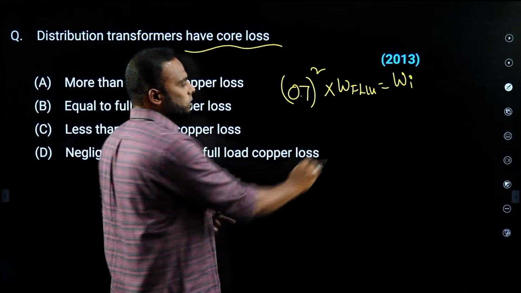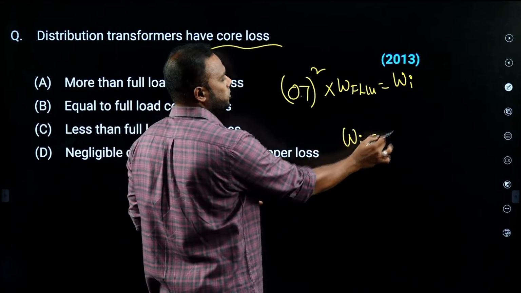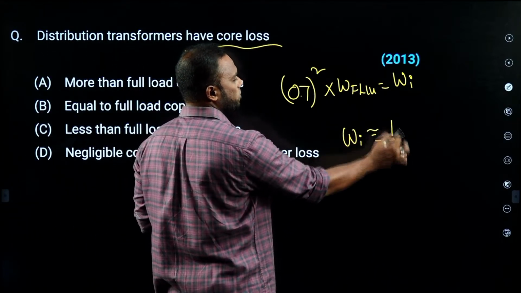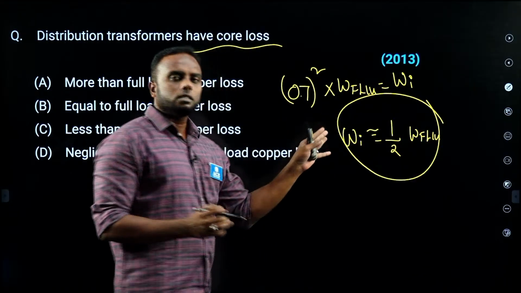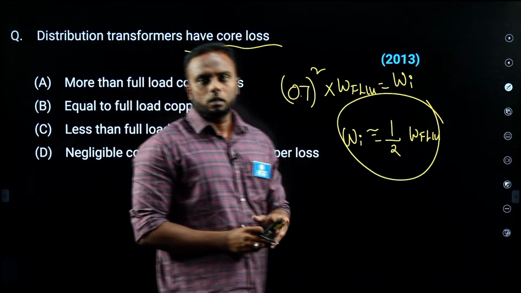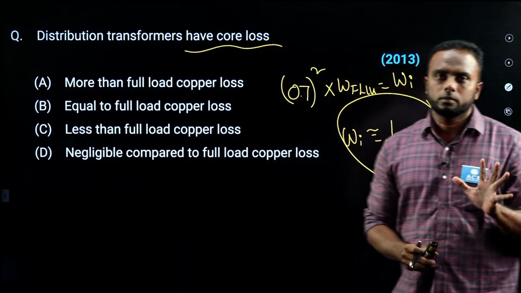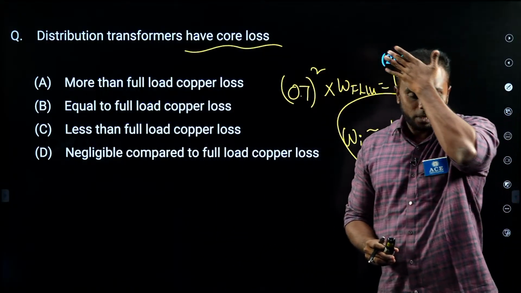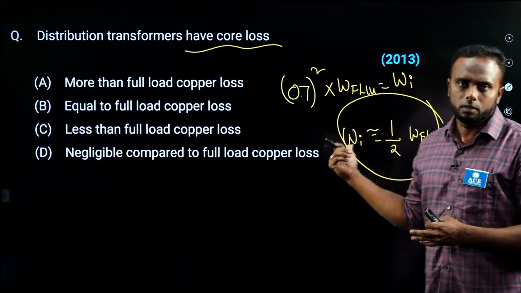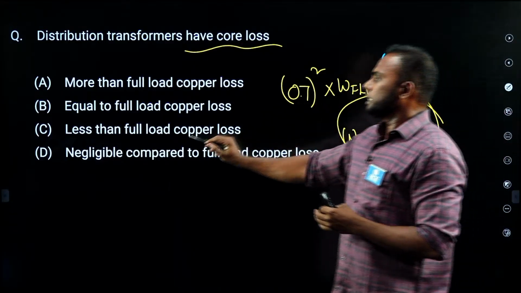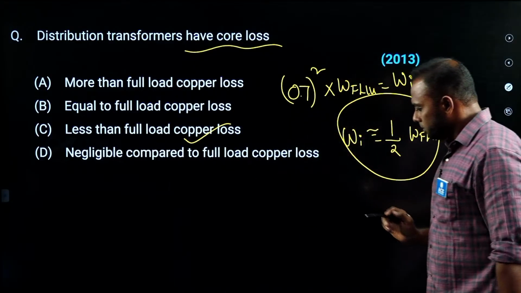So the iron loss here is approximately half of the full load copper loss. So what is the iron loss? Definitely less than the full load copper loss, not always half. For example, if you take 70% load, that is the relation. Otherwise, if you take 80%, we get some other relation. So definitely iron loss is less than full load copper loss always. Next question.